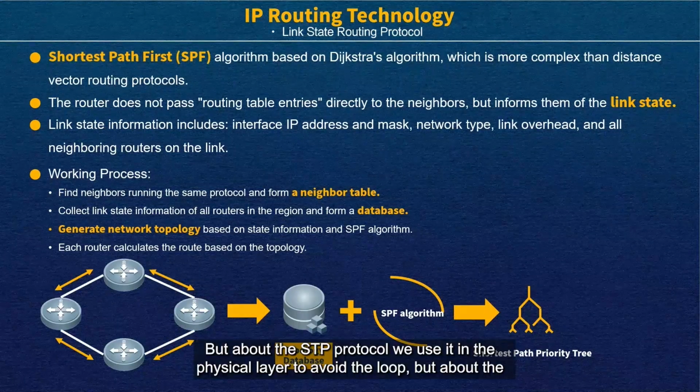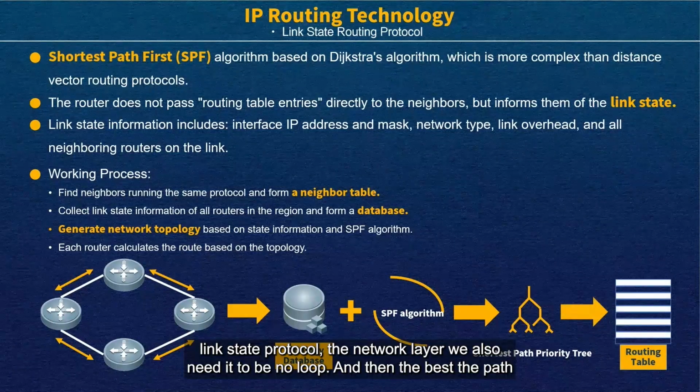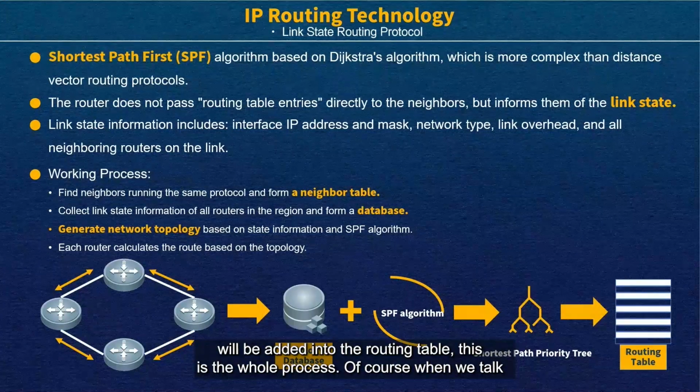But the STP protocol is used in the physical layer to avoid the loop. About the link state protocol, in the network layer, we also need no loop. And then the best path will be added into the routing table. This is the whole process.